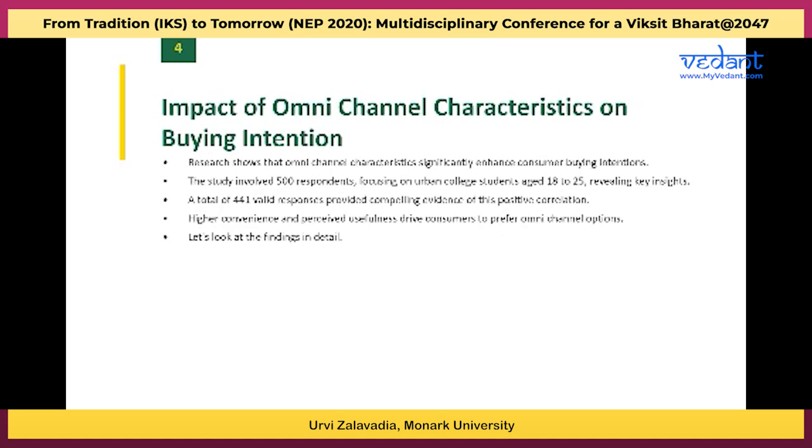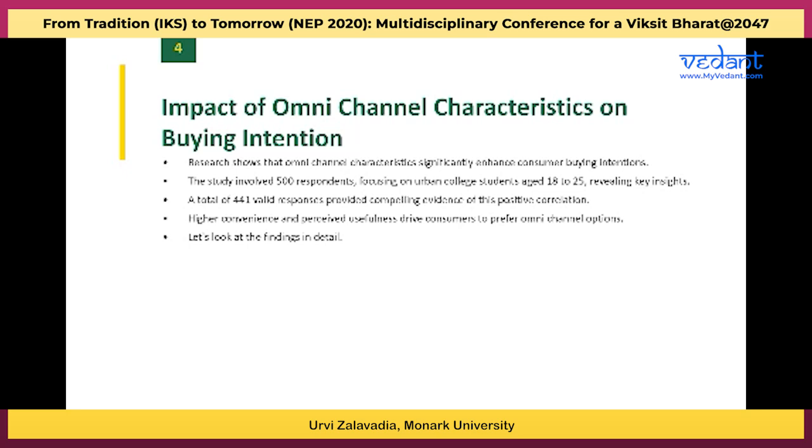Now, these are the findings and the process that we undertook to study the impact of omnichannel characteristics on buying intention. Our research shows that omni-channel characteristics significantly enhance consumer buying intentions.